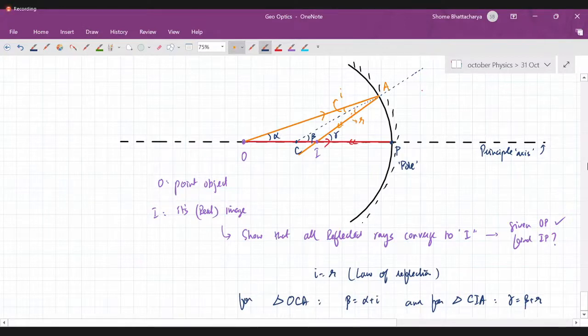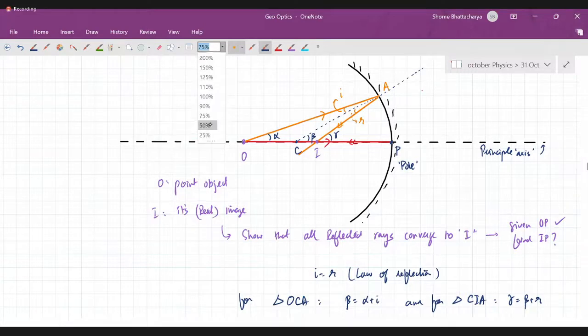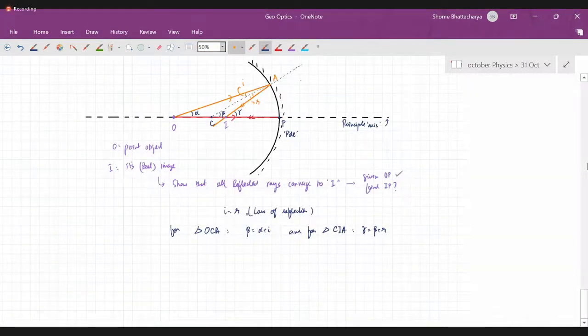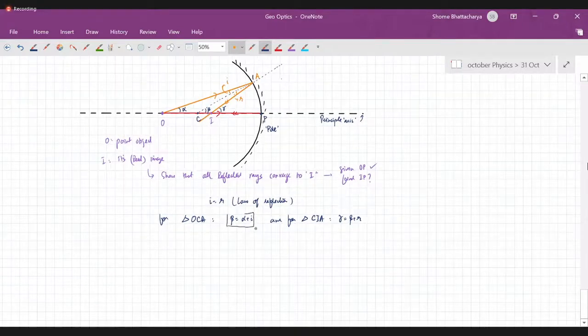That means irrespective of alpha and irrespective of the angle of incidence and reflection. We'll understand in a moment how that works. So let's say this is our equation 1. And this is our equation 2.